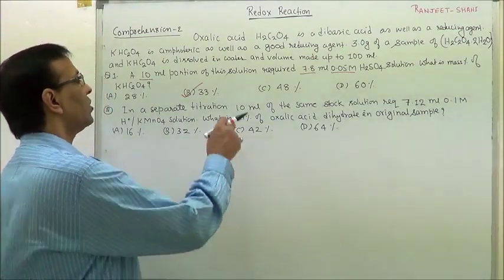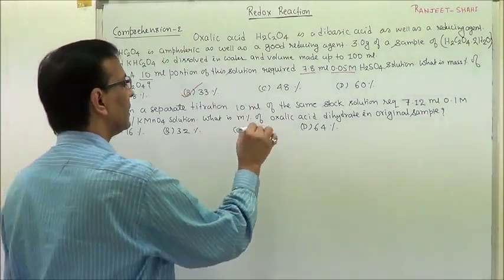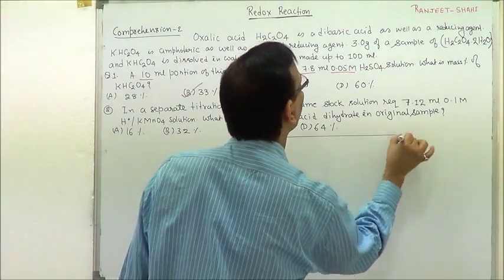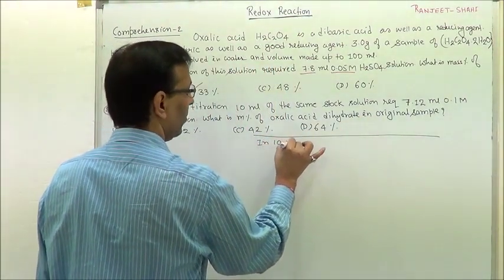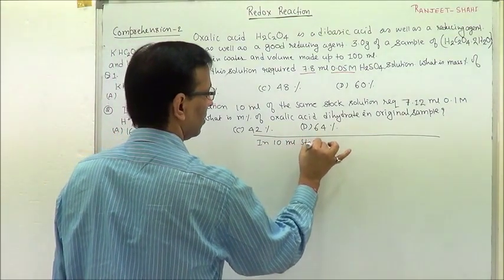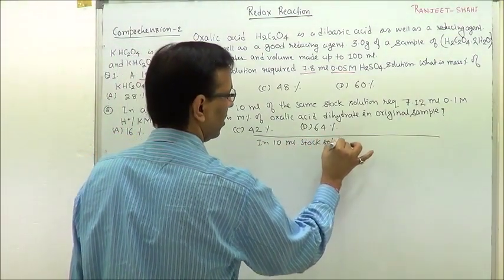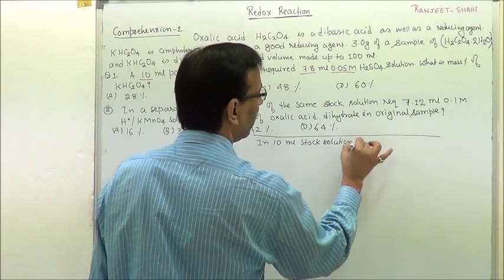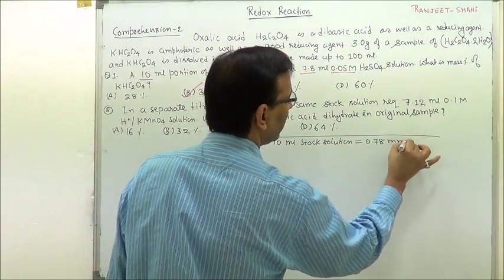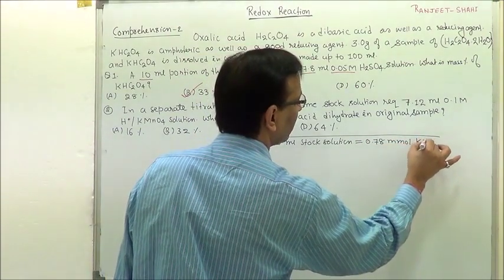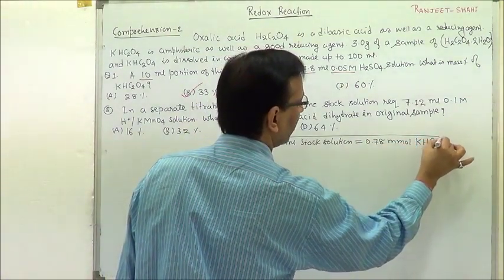So in the first question we have already determined that in 10 ml stock solution there is 0.78 millimole potassium hydrogen oxalate.